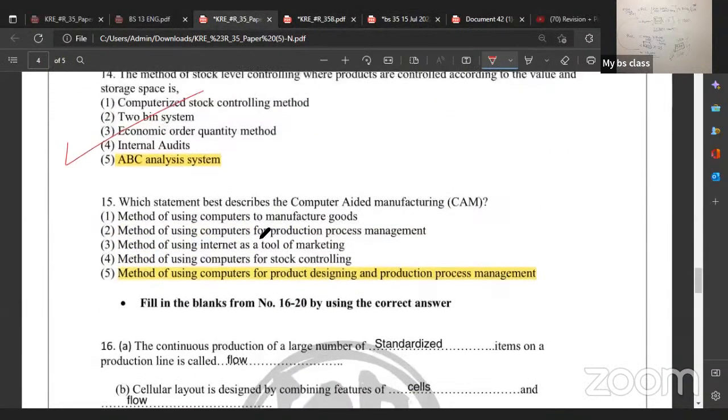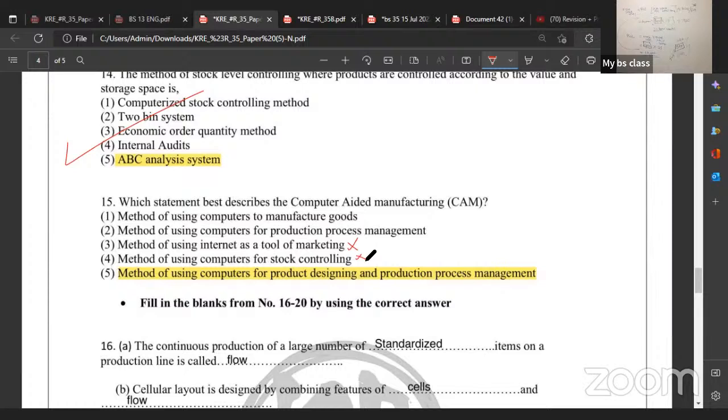Which statement best describes computer-aided manufacturing, CAM? Method of using computers to manufacture goods. Method of using computers for production process management. Method of using the internet as a tool of marketing. Method of using computers for product design.